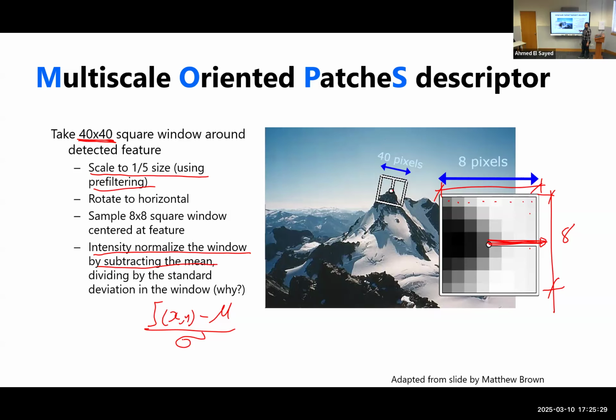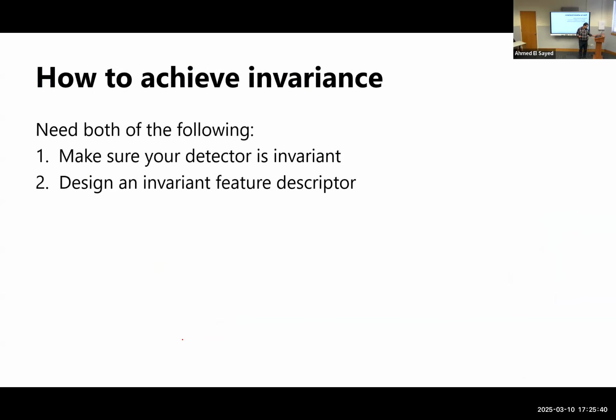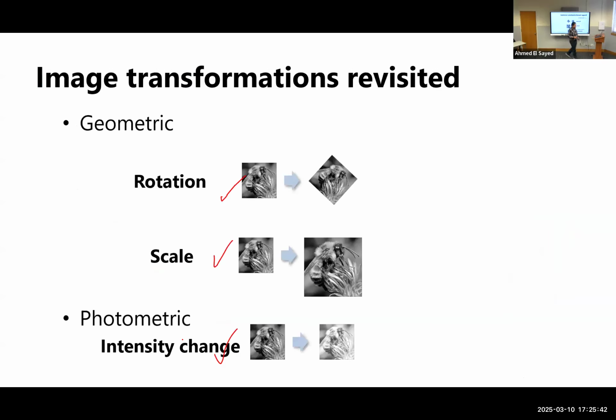Why am I doing that? Why is this step important? It will be against what? First, rotating it to be at 0 degrees to be against rotation.